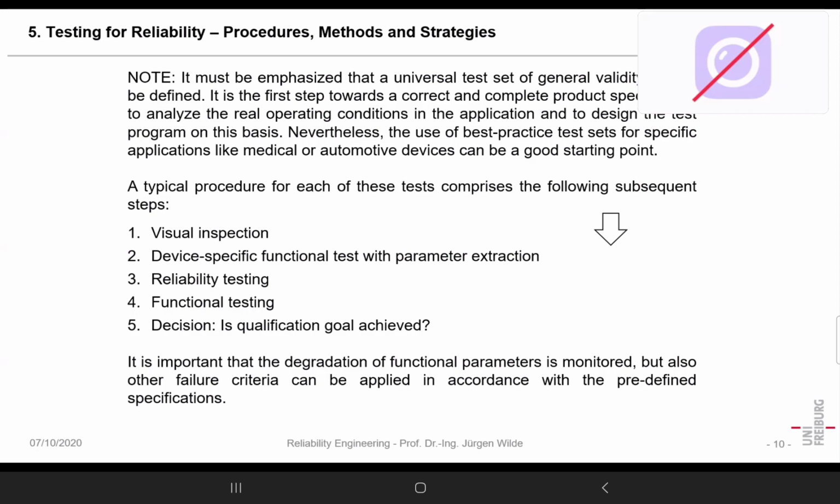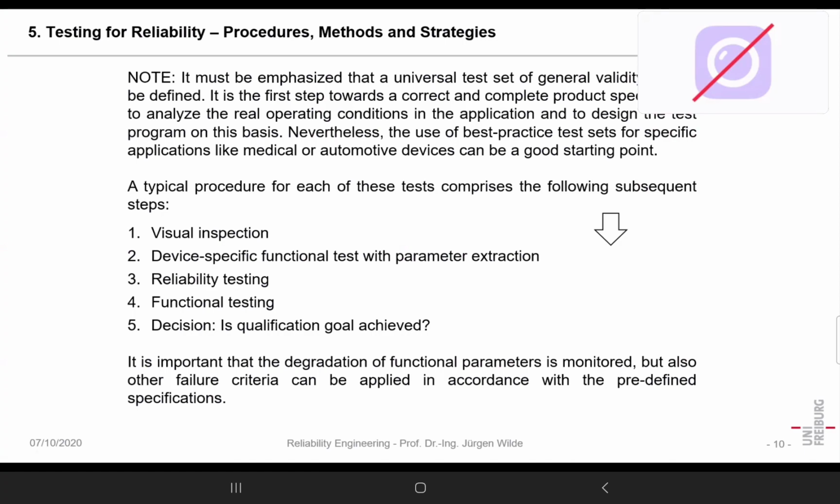Or functional parameters, as we mentioned, but these cannot be put into standards. These are really device dependent. Every device has other functional parameters that are important. And a third criterion is how does it look?